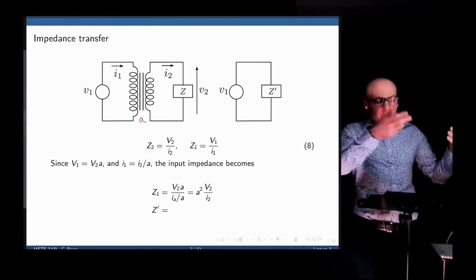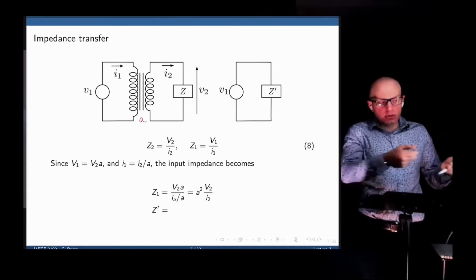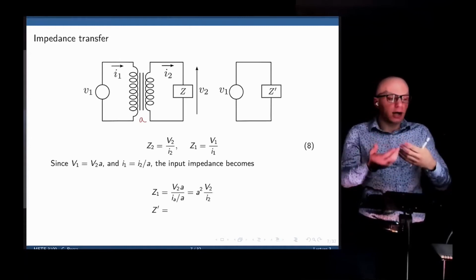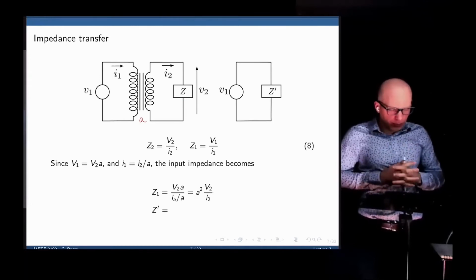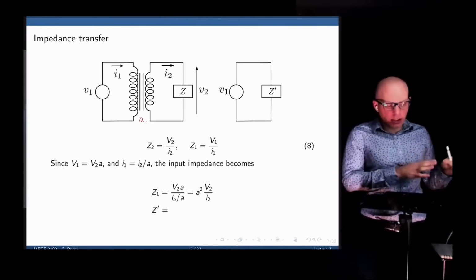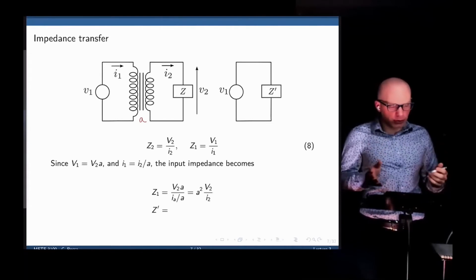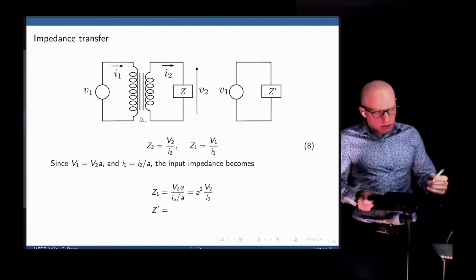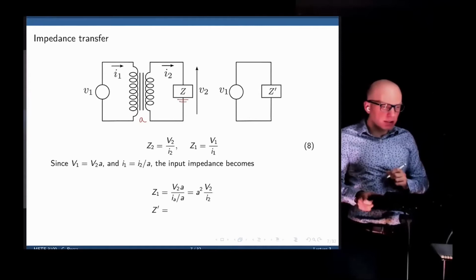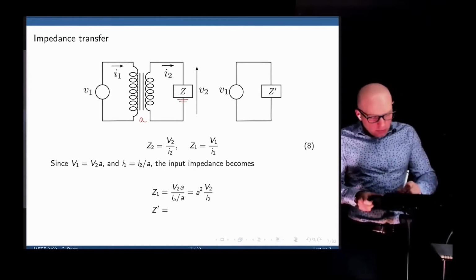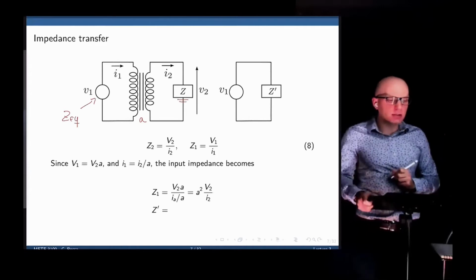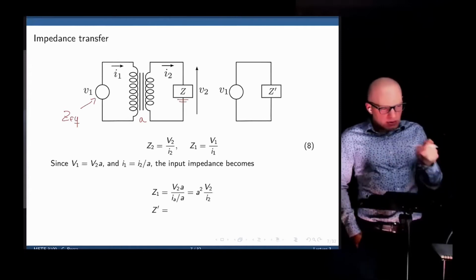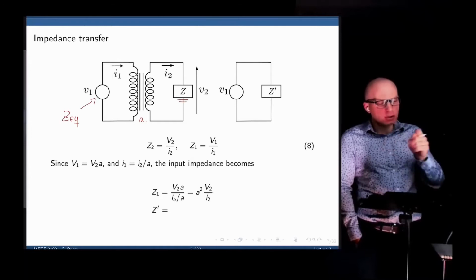We can refer the secondary winding impedance to the primary and then calculate, say, I1, and then from there calculate I2. So for the analysis that will follow later, this impedance transfer is very important. The question you are trying to answer now is, if we connect an impedance Z here, from the power source perspective, what is the equivalent impedance, given that in this process of power transferring, we have this turn ratio of A?